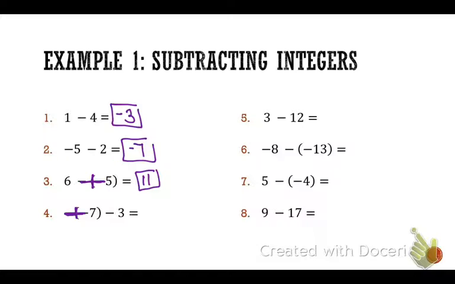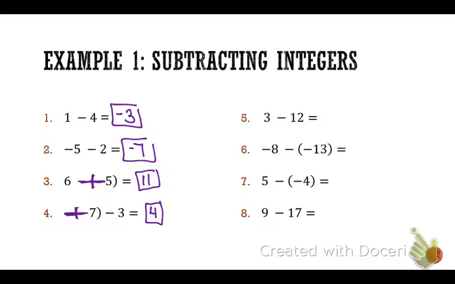Okay? So now is 7 positive or negative? Positive. Is 3 positive or negative? Negative. So do I have same sign or different? Different. So what do we do? Subtract and take. 7 minus 3 is 4. 7's bigger, it's positive. But I know that 7 minus 3 is 4 anyway.